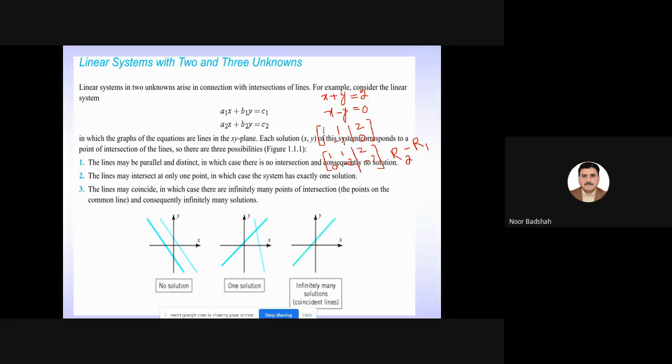From the last row, if we convert back into equations, we get minus 2y is equal to minus 2, which gives y is equal to 1. Putting y equal to 1 in the first equation, we get x equal to 1 as well. We see that in this case we have a unique solution.